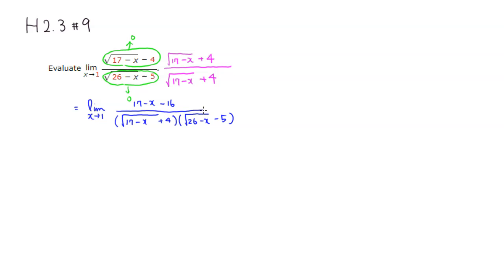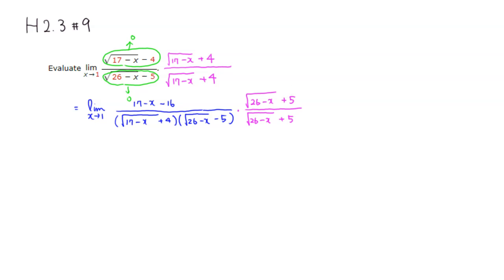Then we do the same trick, except we work on the denominator. We multiply top and bottom by the same thing as the original denominator, except for the sign: the square root of 26 minus x plus 5.